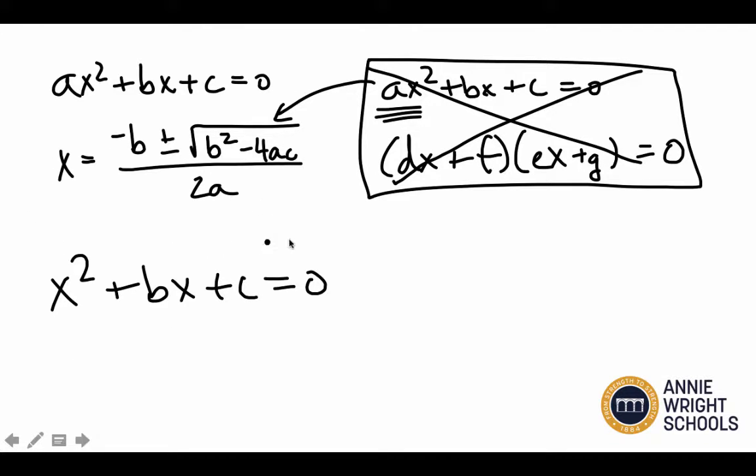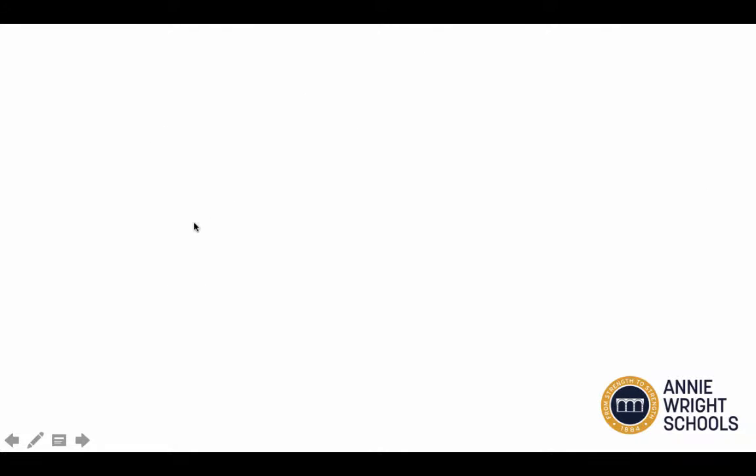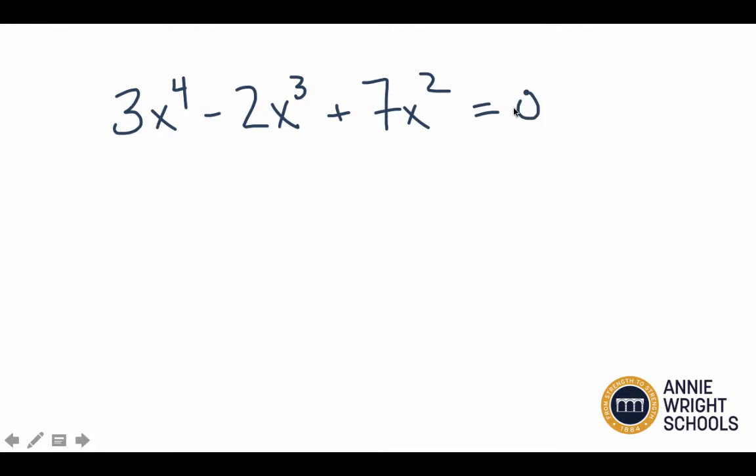We're going to spend one more day, and this day is going to be a mix of solving all different kinds of quadratics. So you could get a problem that looks like this: 3x to the fourth minus 2x cubed plus 7x squared equals 0.